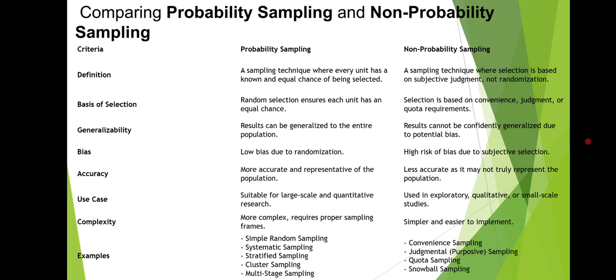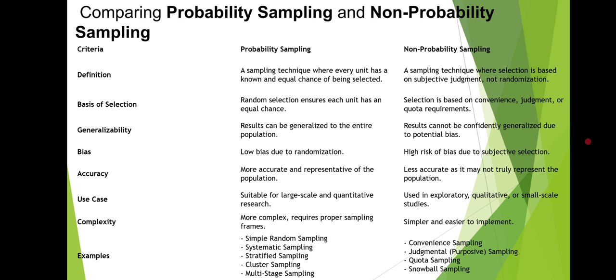In non-probability sampling, it is less accurate as it may not truly represent the population. On the basis of use case, probability sampling is suitable for large scale and quantitative research. Non-probability sampling is used in exploratory, qualitative, or small scale studies.